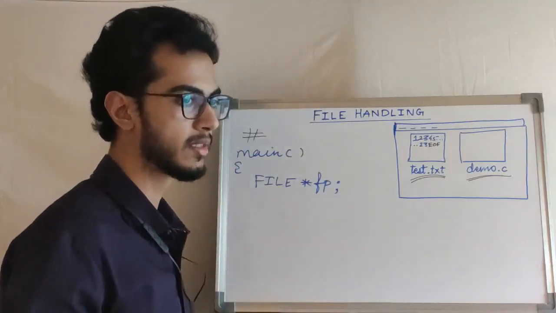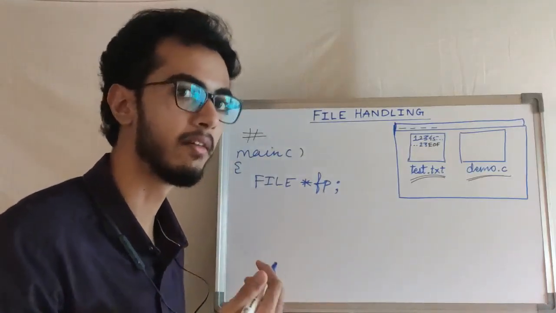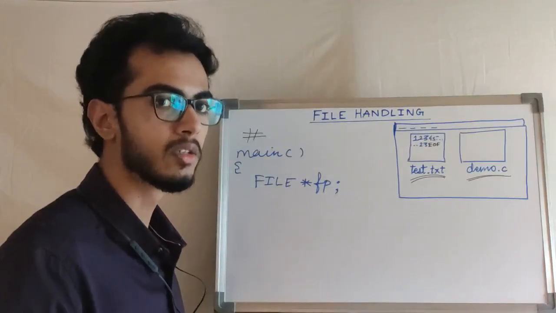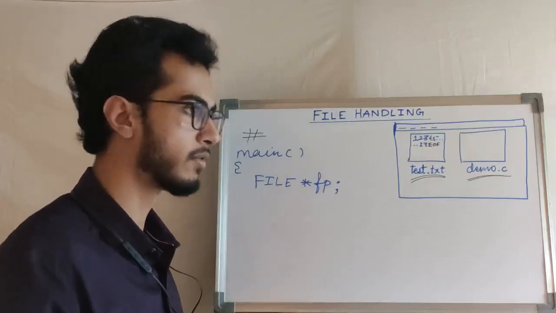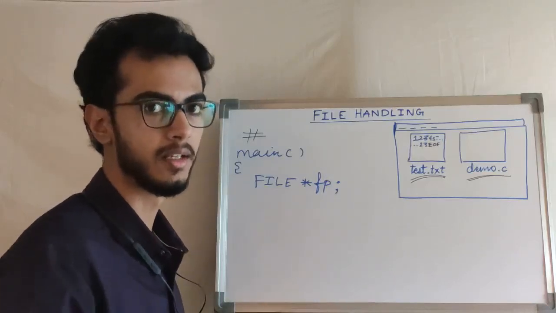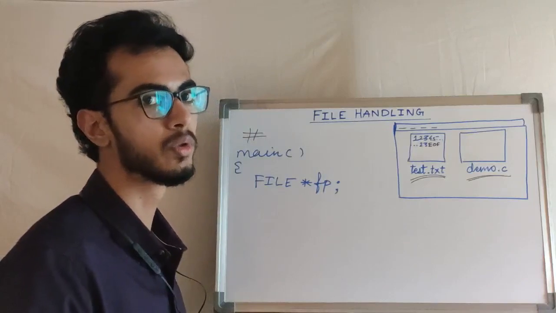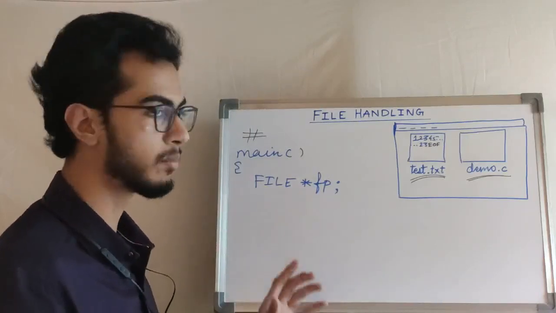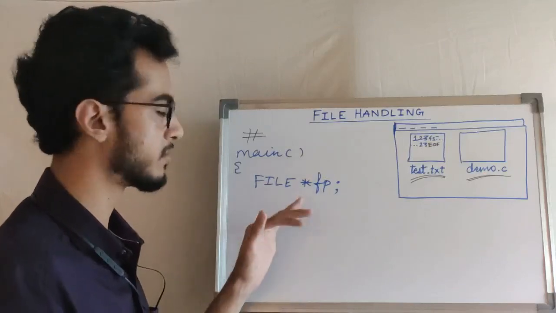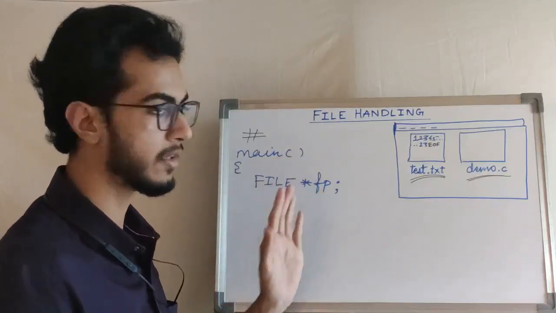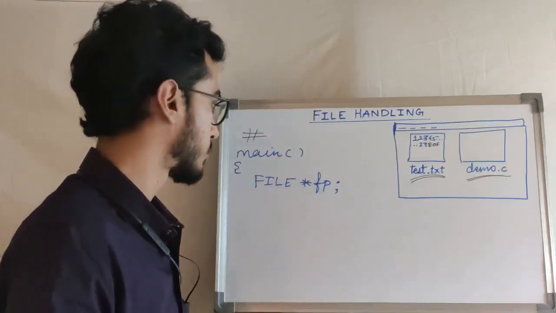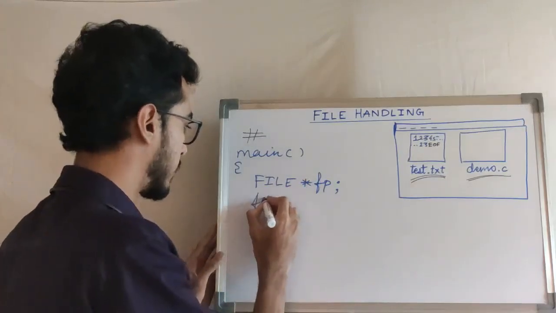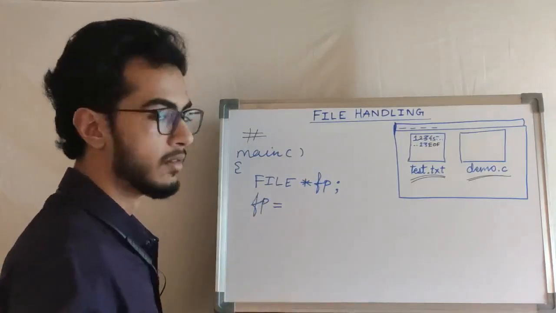This FILE star is a pointer thing which we haven't covered yet, so I cannot explain in a full-fledged manner what exactly it is doing, but you just have to learn by heart that to create a file pointer we write FILE, which is basically a structure, then *fp.